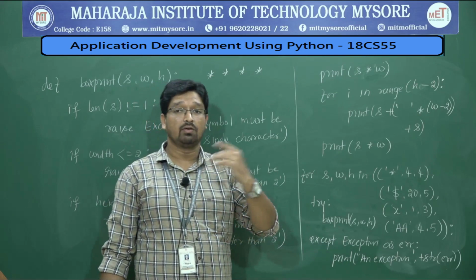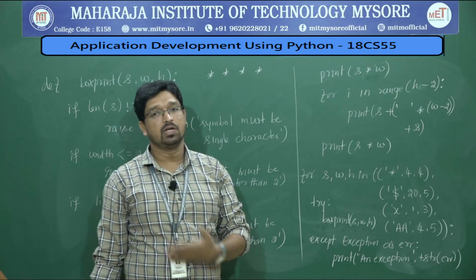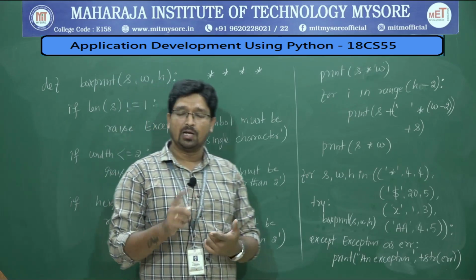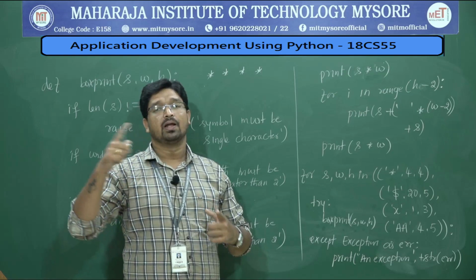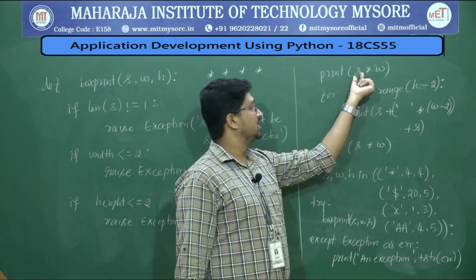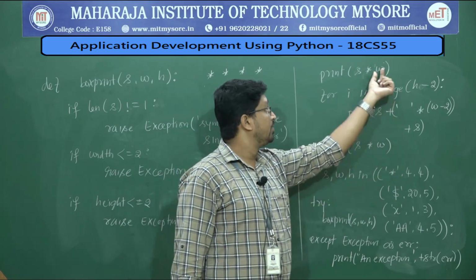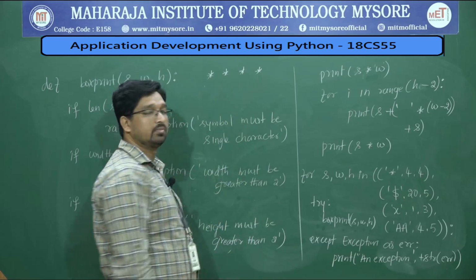Character into integer we have discussed in the beginning of the subject. If you multiply any character with a number, it will be duplicated. So in the same way, here S stands for star, W stands for 4.